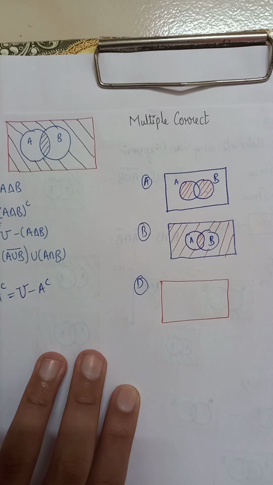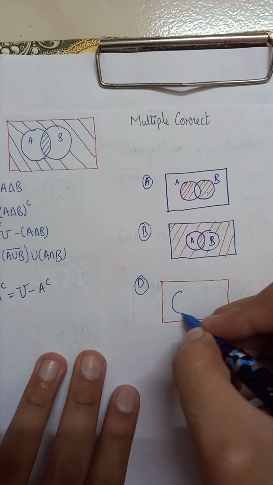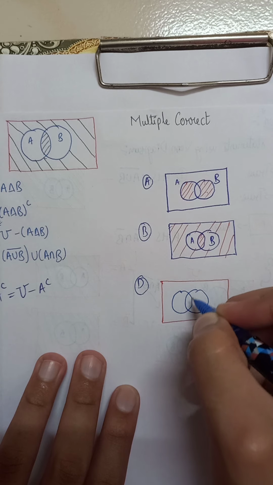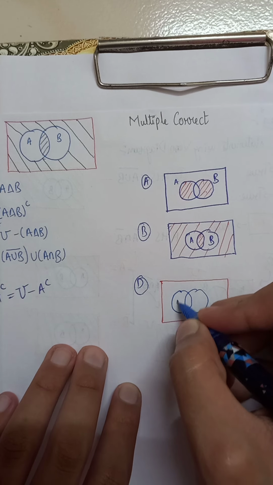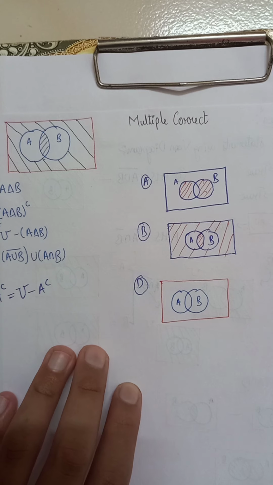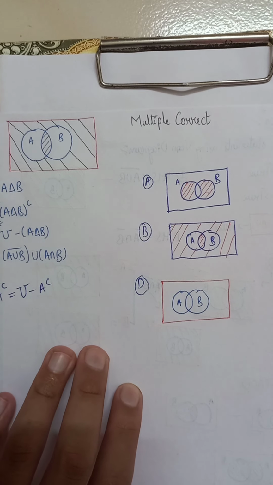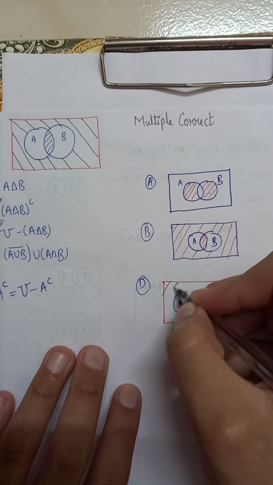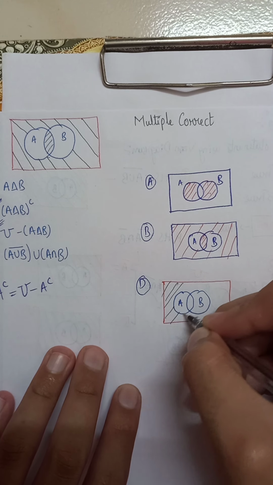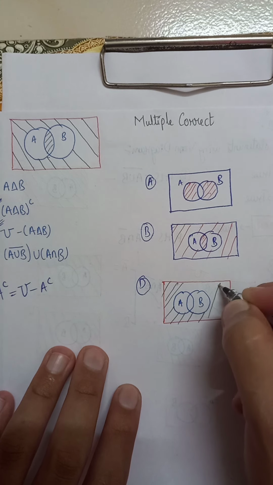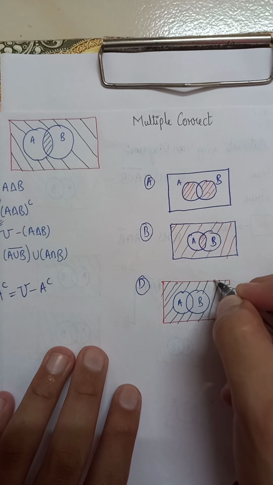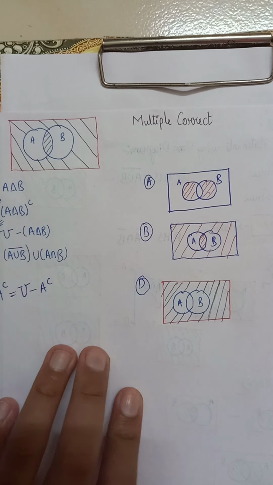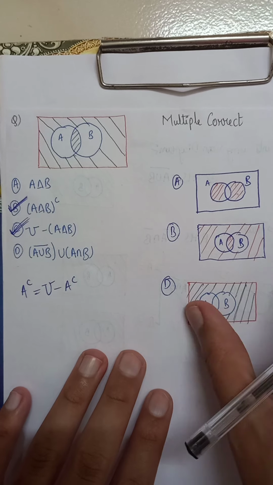This is A, this is the universal set, and this is A and B. A union B complement means you don't shade sets A and B, you shade the outer part of A and B. So this is A union B complement.